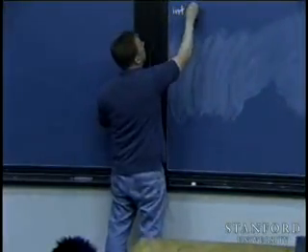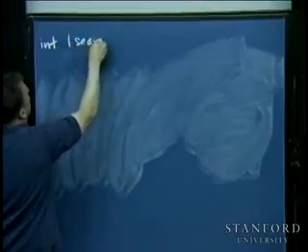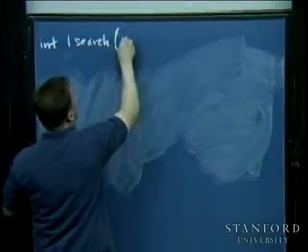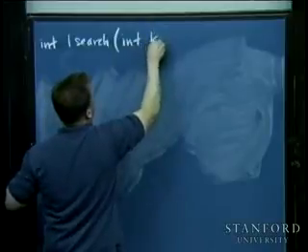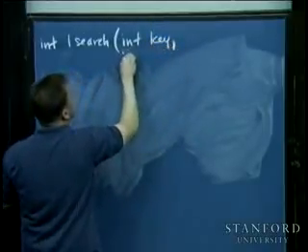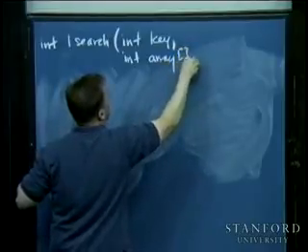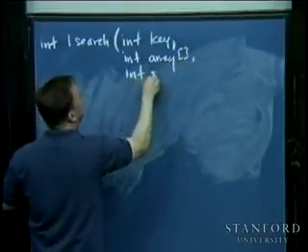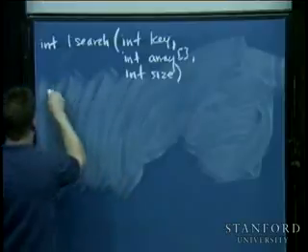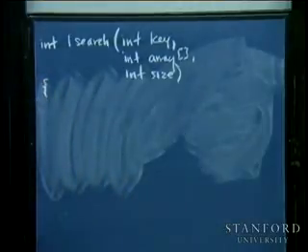Int, I'm just going to call it lsearch, where I pass in an int, I'm going to call it key, int array, int size, and I want this to just be a linear search from front to back of the array for the first instance of key in that array, and I want it to return the index of it or -1 if it can't be found.